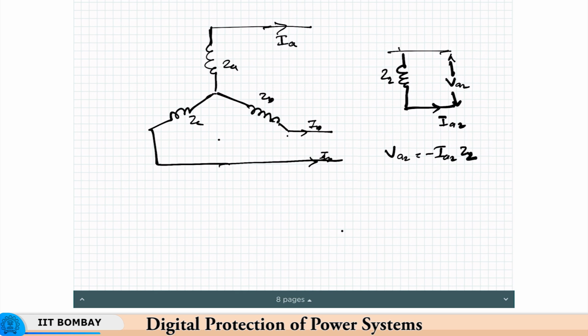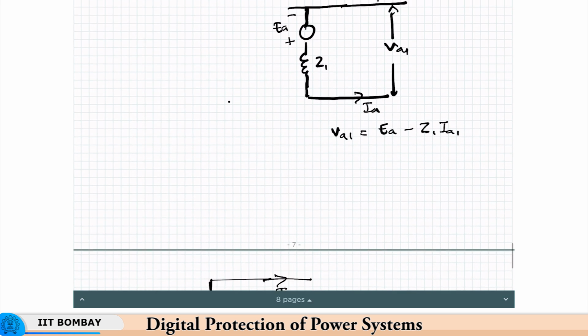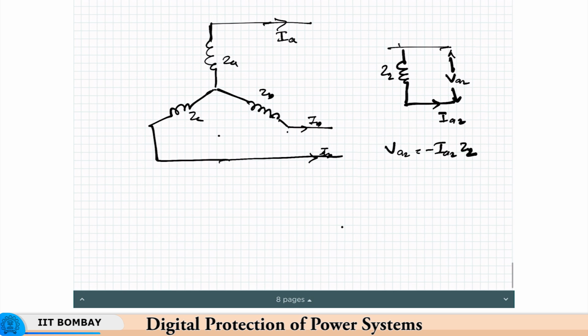Okay. For the zero sequence, again there are no zero sequence generated EMFs, so it will be simply this.